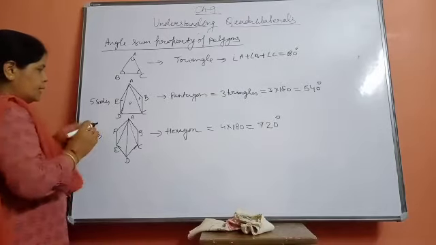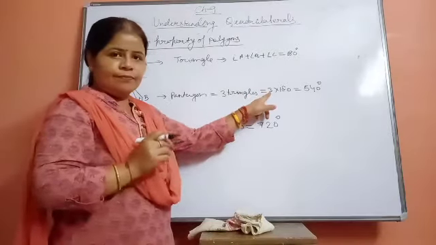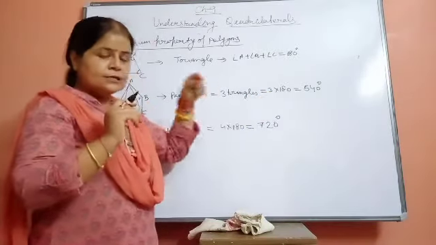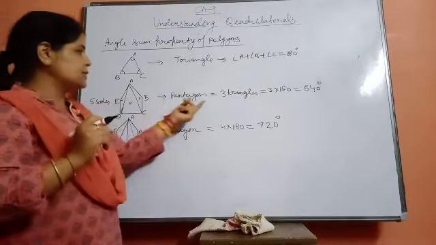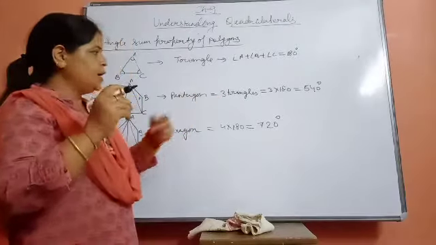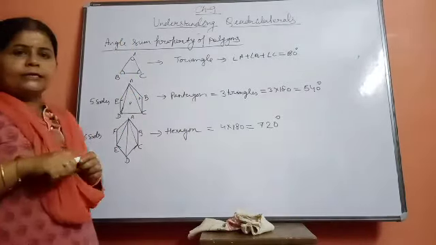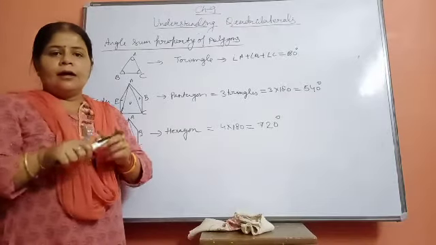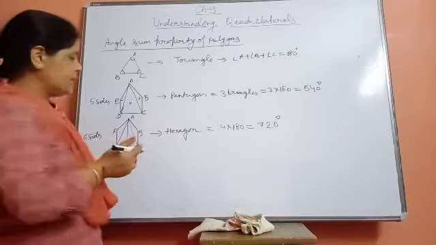For the pentagon, by which number did we multiply? 3. It means 5 minus 2. So you can see, can we generate one formula for finding the interior angle sum of a polygon? Yes, we can.